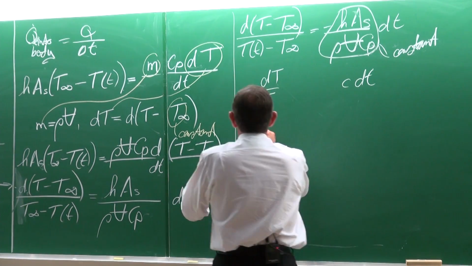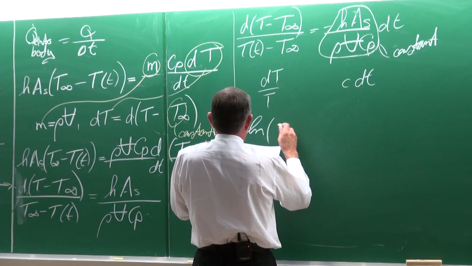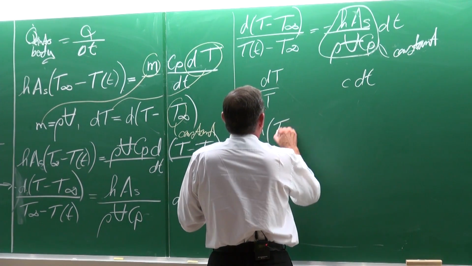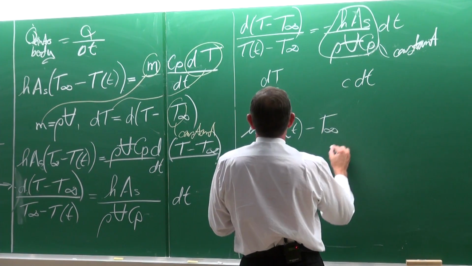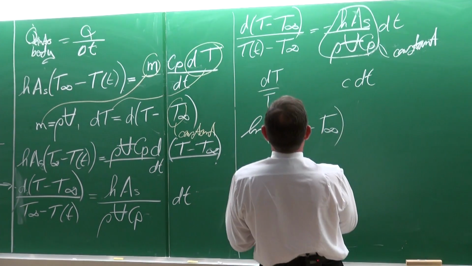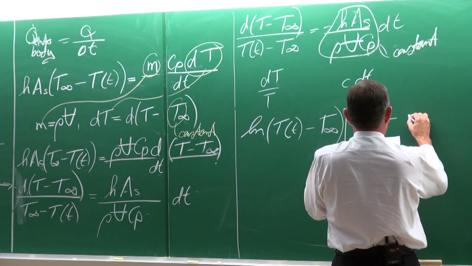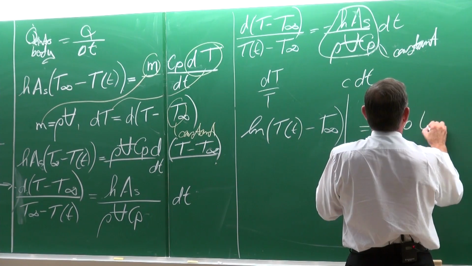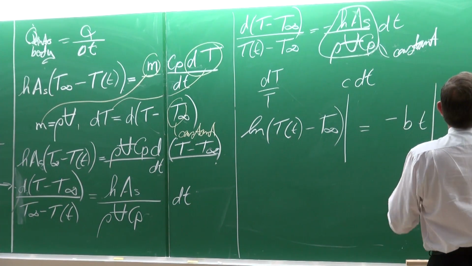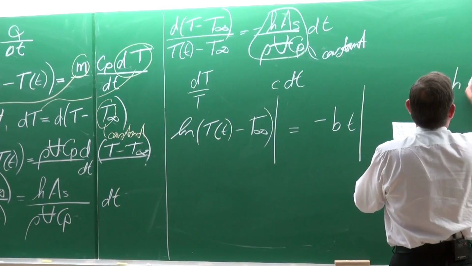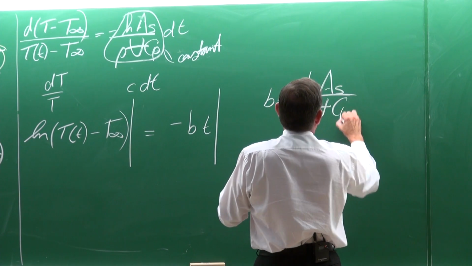Right. So if we now go through the integration, we get the ln of the temperature as a function of T minus T infinite, like that, is then equal to minus B t, okay, where B is equal to the heat transfer coefficient times surface area, divided by rho, the volume, and Cp.